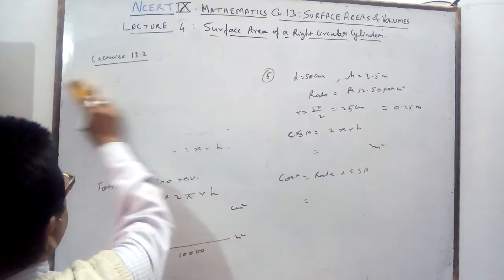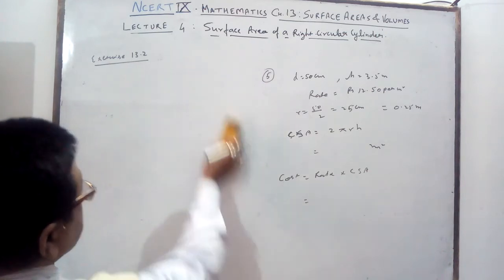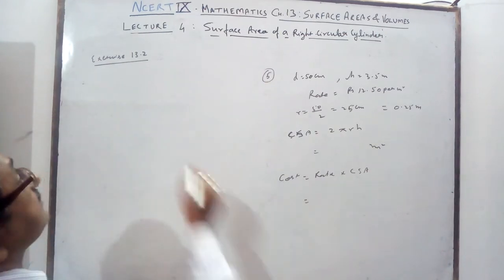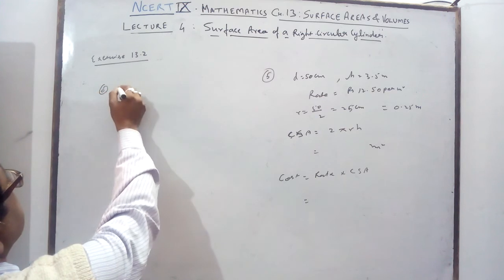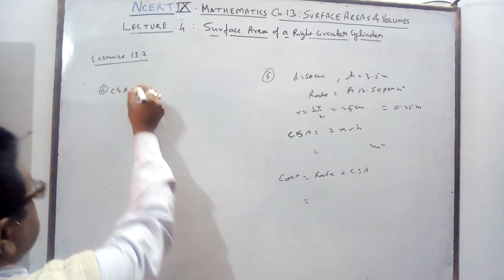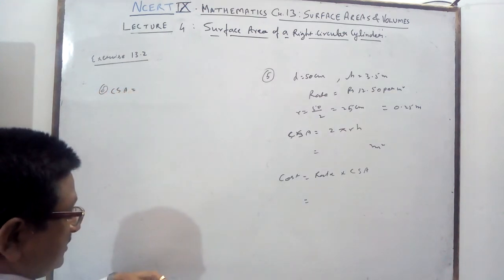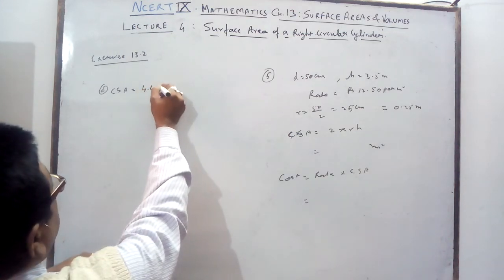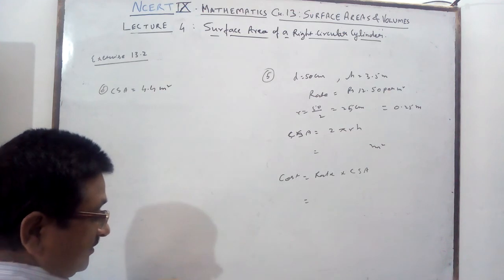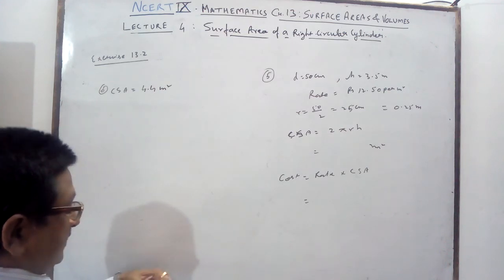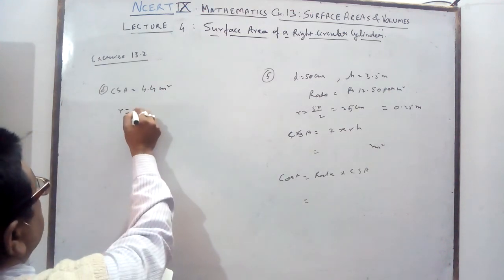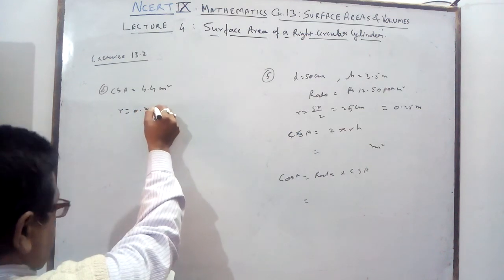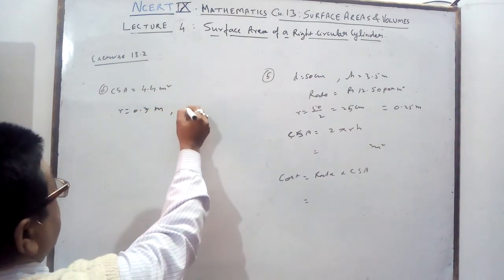Question number 6 is given here. CSA is given. Question number 6, you see what is given? CSA of a right circular cylinder is 4.4 meter square. If the radius of the base of the cylinder is 0.7 meter, find h.